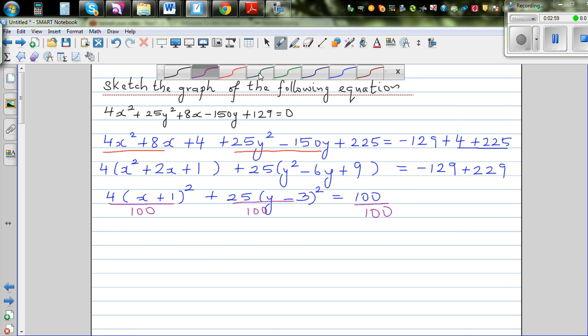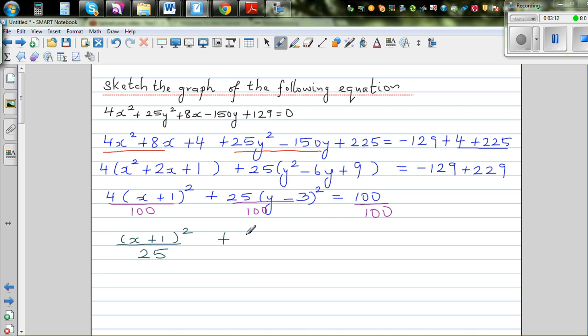So now this form will be familiar. This is x plus 1 the whole squared, 4 over 100. Dividing both by 4, this is over 25, plus y minus 3 the whole squared over, dividing both by 25, you get 4, is equal to 1.